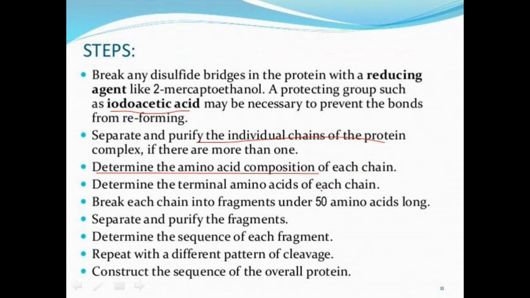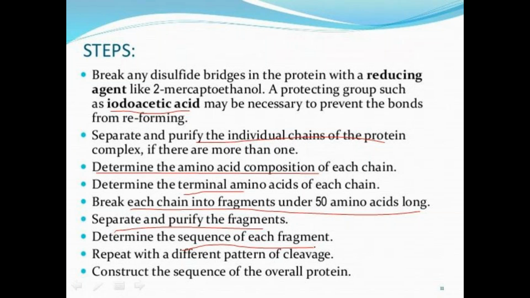Next we have to determine the terminal amino acid sequence, and then break each chain into fragments under 50 amino acids length, and then separate and purify the fragments, then sequence determination. And this has to be repeated for the determination of the overall protein sequence.